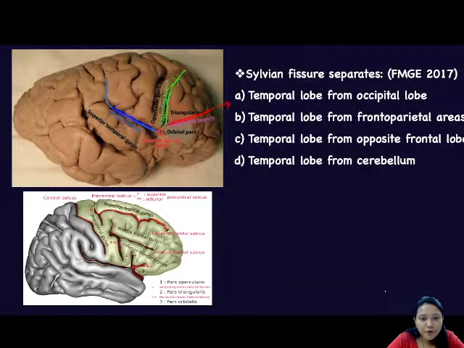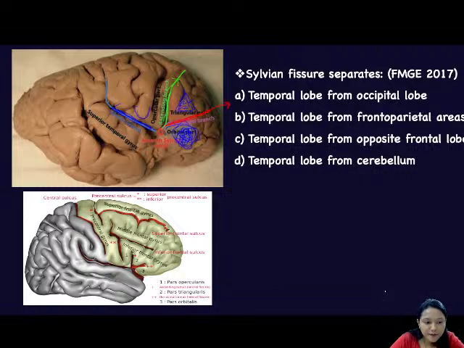If you can see here, below this horizontal part, the one I have just shaded, is the pars orbitalis. Then this triangular area between the horizontal and the ascending is the pars triangularis, and this part is the pars opercularis.